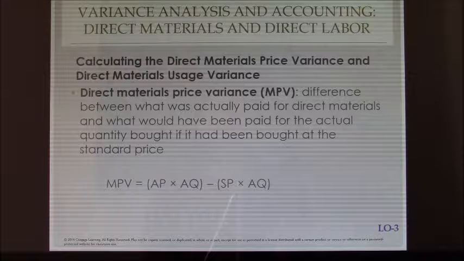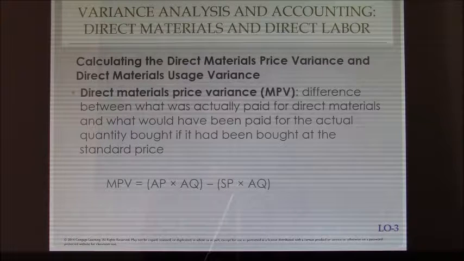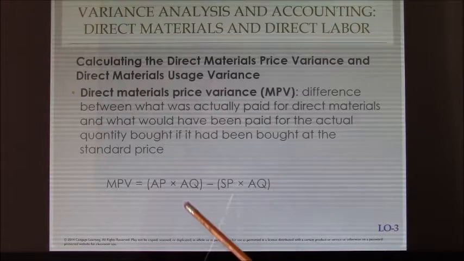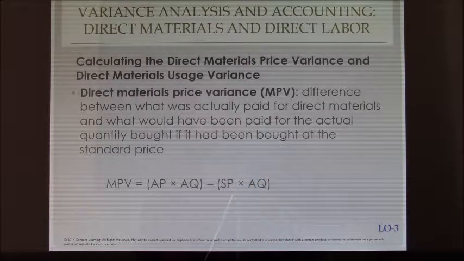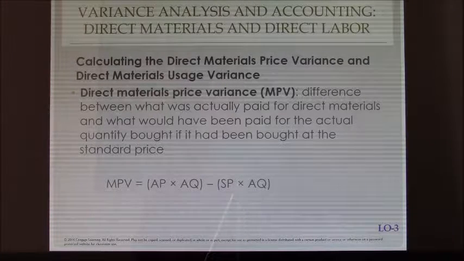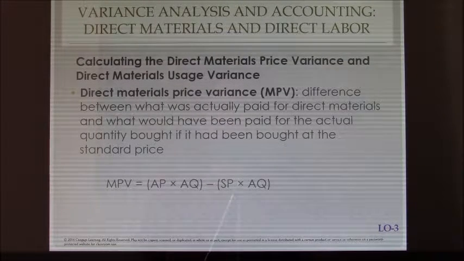So to calculate this, you take your actual price times your actual quantity minus standard price times actual quantity. So if you look, you'll see what we're doing is taking quantity out of the picture so we can tell how much of the difference was due to price and not the usage of the materials.